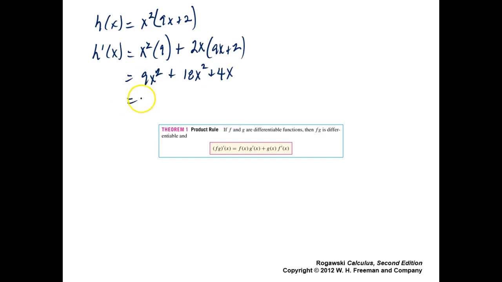And what would that be? 27x squared plus 4x.